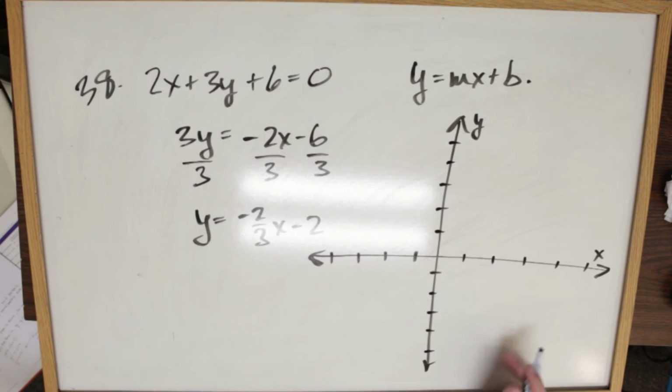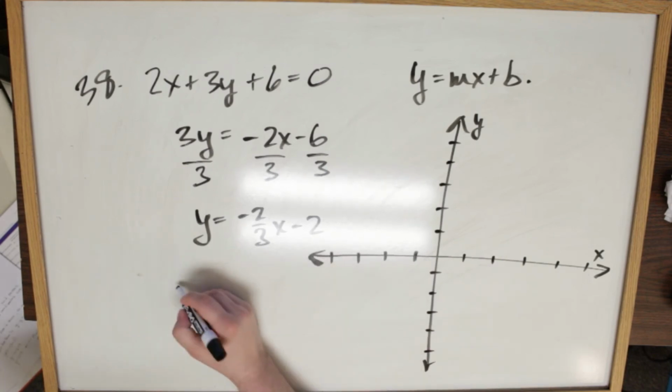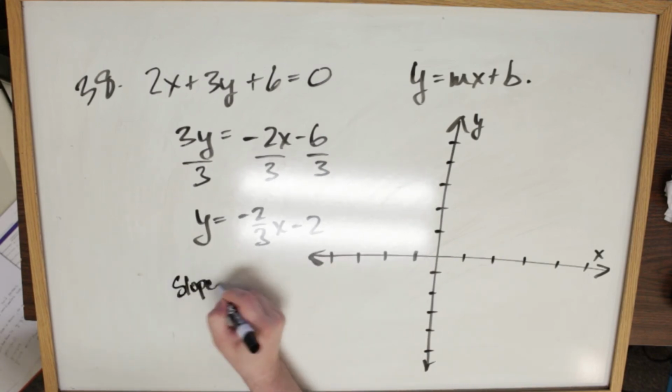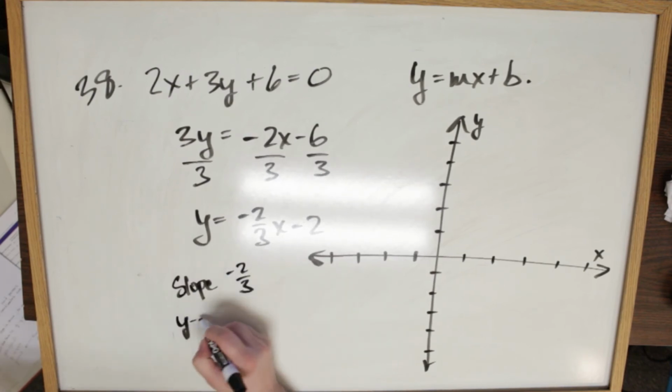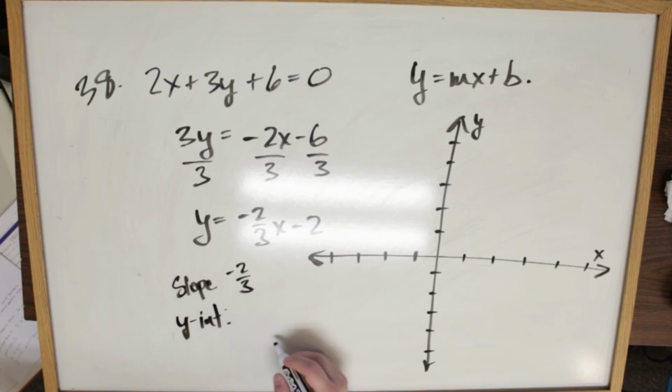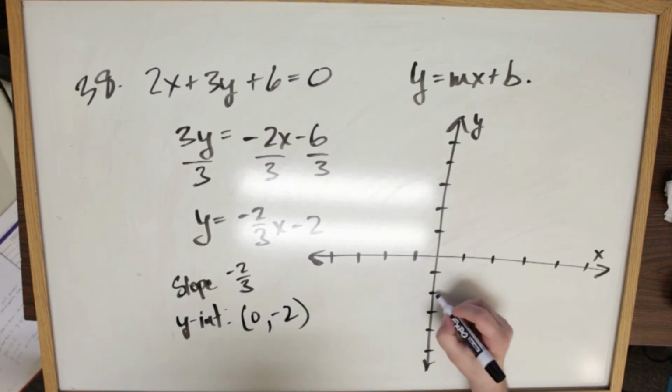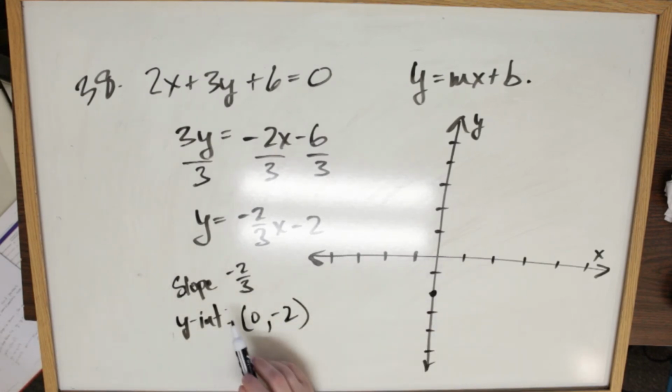All right, so the slope is minus 2 over 3. The y-intercept, this is going to be 0, minus 2, which is down here. All right, so when we have a slope of minus 2 over 3, you can think of it as rise over run.